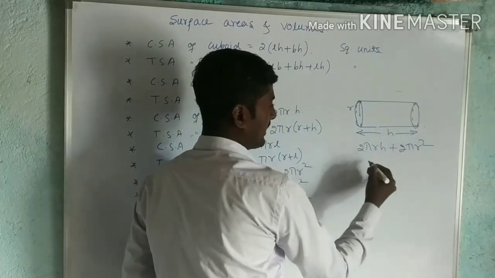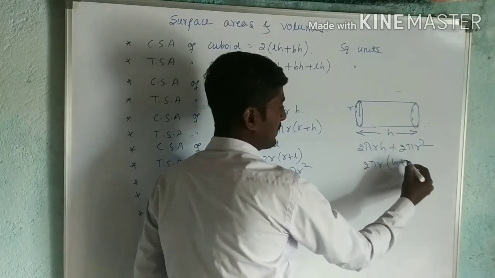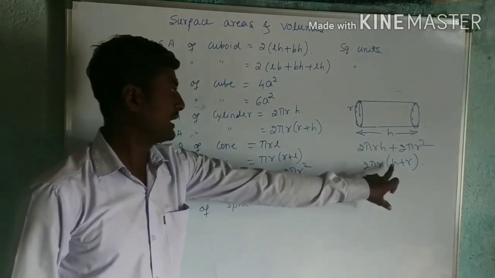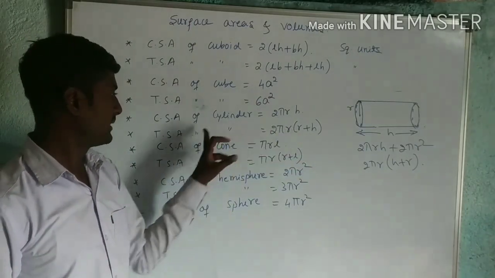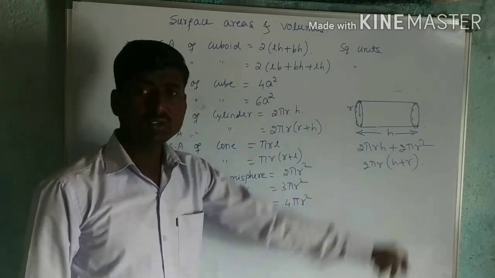Take 2 pi r common, and the remaining is H plus R. So the TSA of the cylinder is 2 pi r into (R plus H). CSA of cylinder is 2 pi rH. TSA of cylinder is 2 pi r into (R plus H) square units.